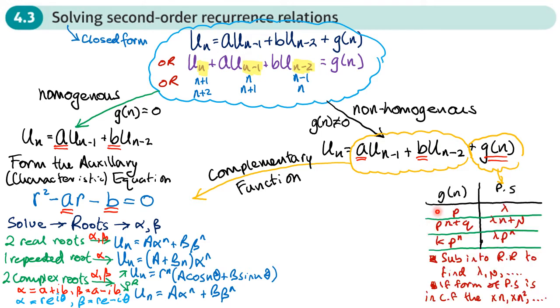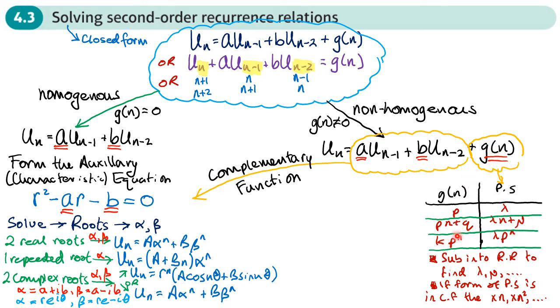So this table here will help us to decide what form the particular solution is going to take based on the form of g of n. So if g of n is just a number, a constant, then our particular solution is going to be of the form lambda. If g of n is some sort of linear function, let's say 3n minus 2, then we try lambda n plus mu as the particular solution.